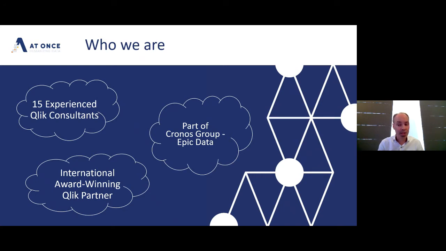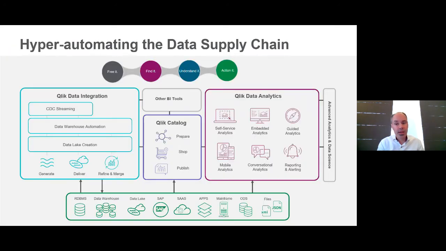So why are we now using Qlik exactly to execute on our mission? We work with Qlik because they deliver an open end-to-end platform which focuses on hyper-automating the data supply chain, and there are a number of key elements in Qlik's approach.